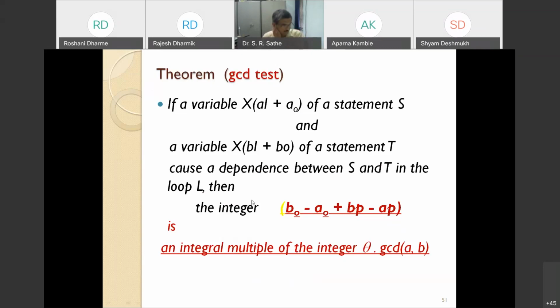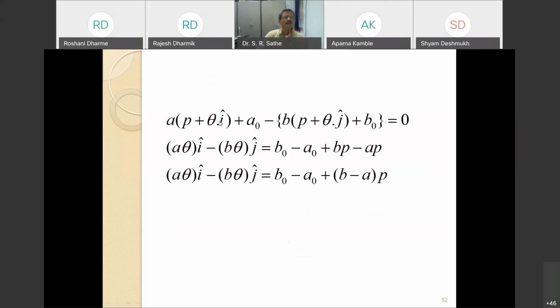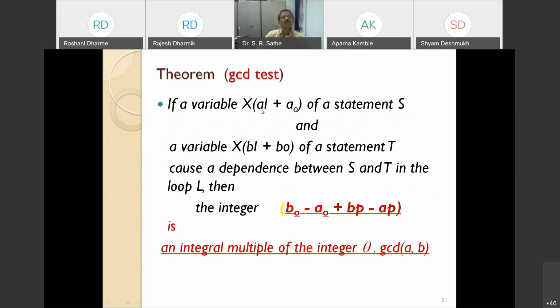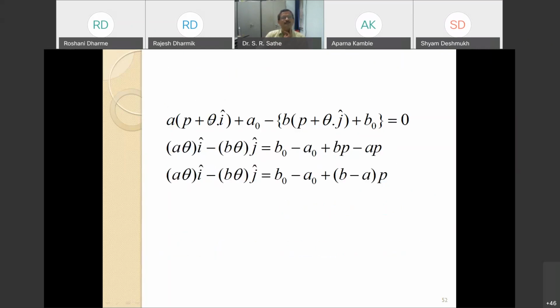So if the GCD test is satisfied, let me come to that. Coming to the iteration variables, a times p plus theta i caret, plus a0, because the function f is a i plus a0, but i is p plus theta i caret. Substituting this value, you get a theta i caret minus b theta j caret is equal to b0 minus a0 plus b p minus a p.